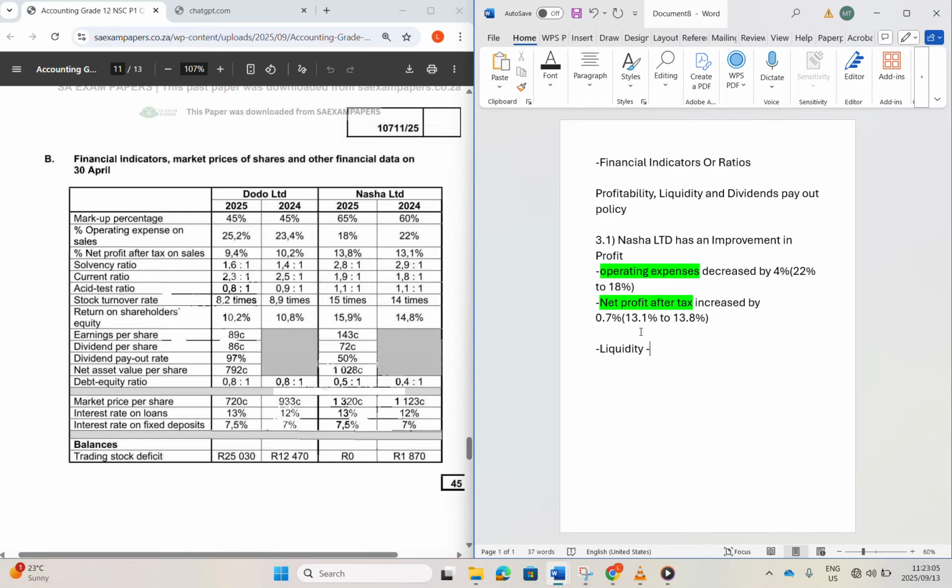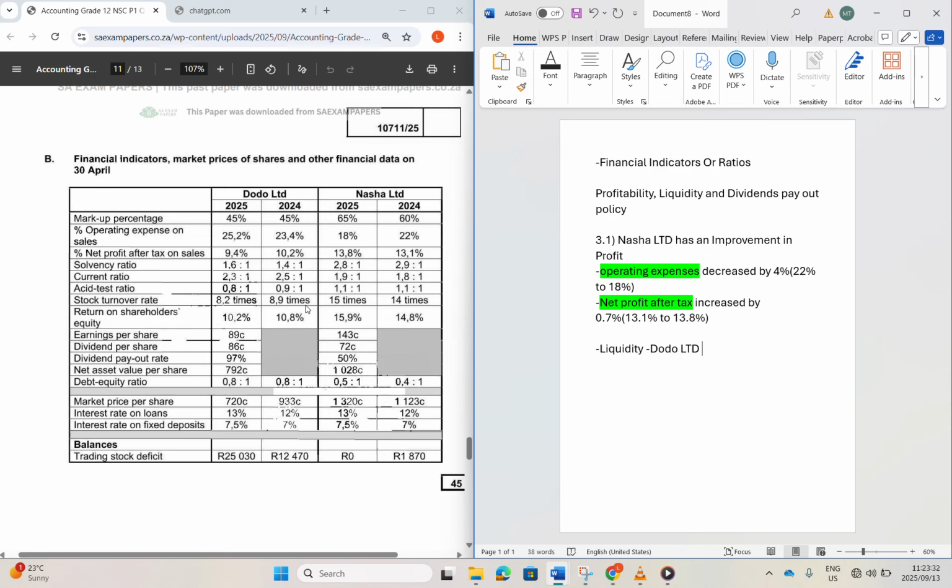So our stock turnover rate simply means how often do we change stock. And remember, we are doing Dodo Ltd. Last year they were changing stock 9.8 times.